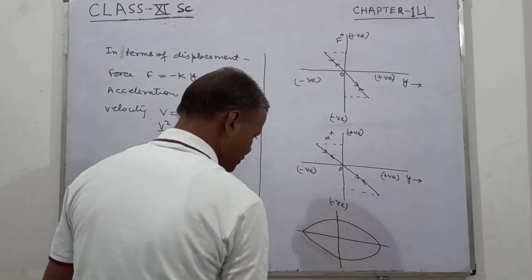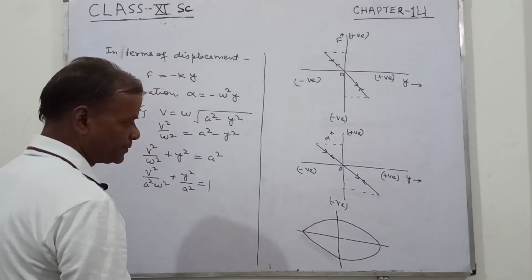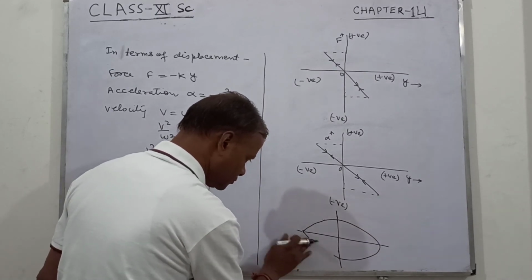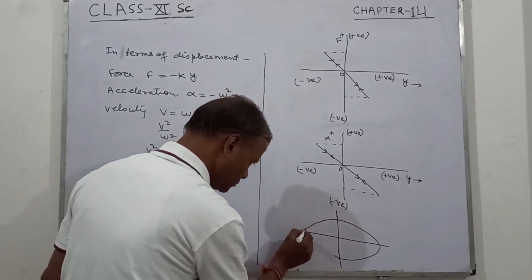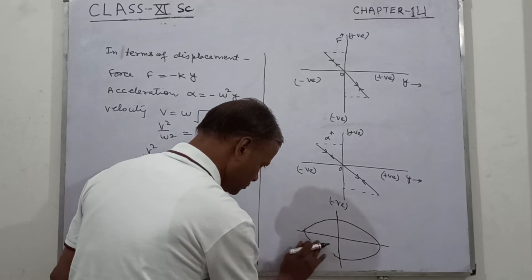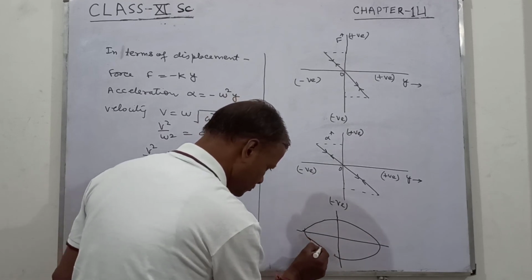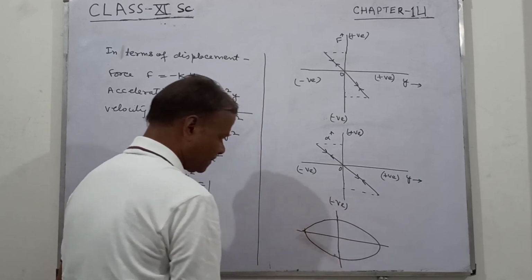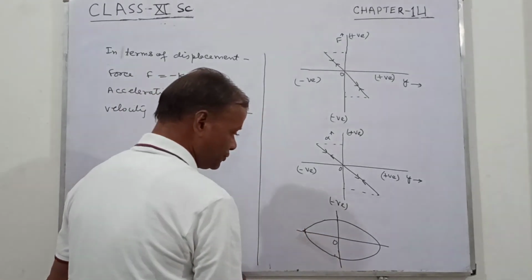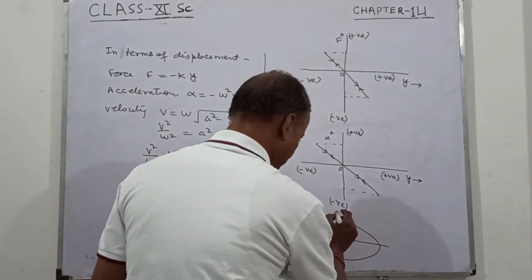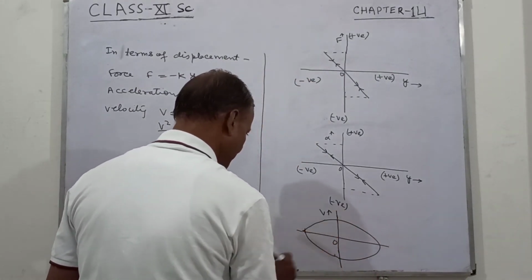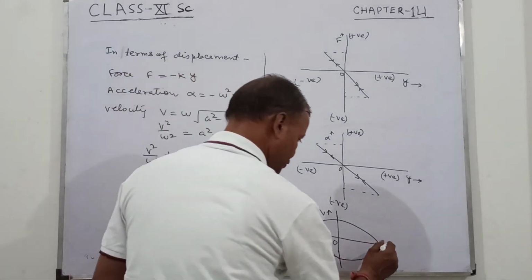This will be like this, in the form of an ellipse. This is 0. Here we take the v, and here we take the y.